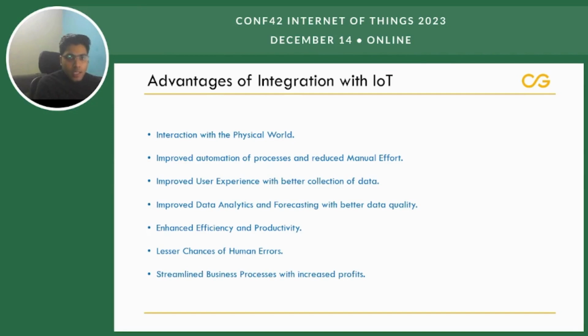We will have to integrate some kind of sensor or actuator with our application in order to get this done. With the help of this integration, we will be able to make our applications interact with the physical world and automate some of the processes related to the physical world which cannot be possible with enterprise apps or software applications standalone.